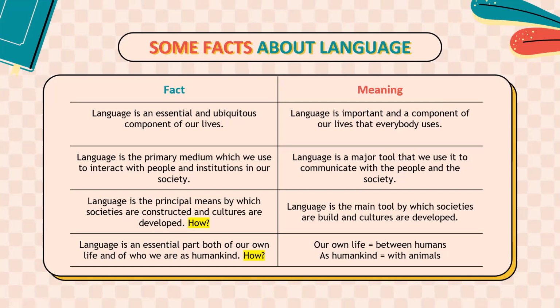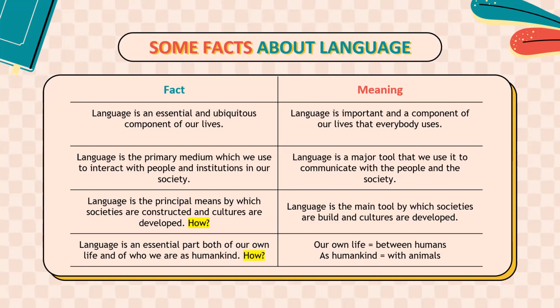Language is an essential part both of our own life and of who we are as humankind. Our own life, between humans, and as we have just said, language is something that God, Allah, gave to humans, not to any other creature. So yes, language is an essential part because we use it to communicate with each other as humans.